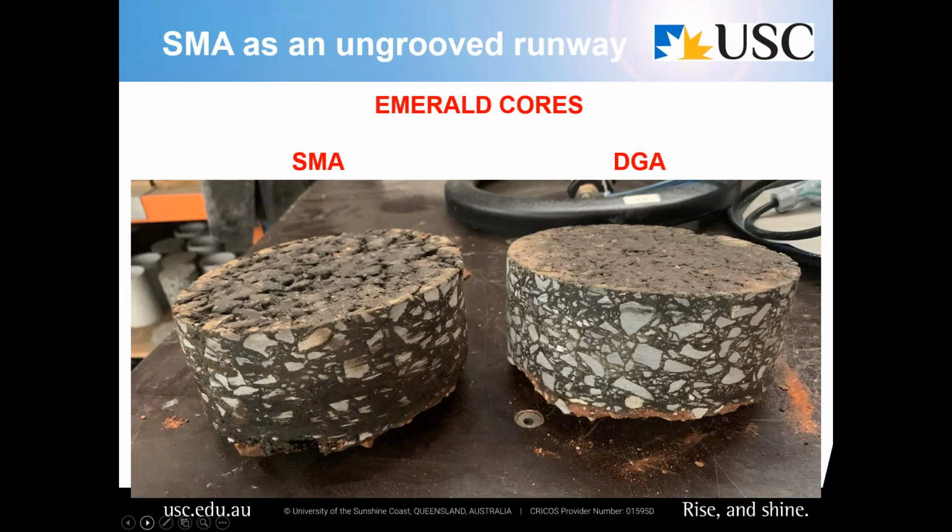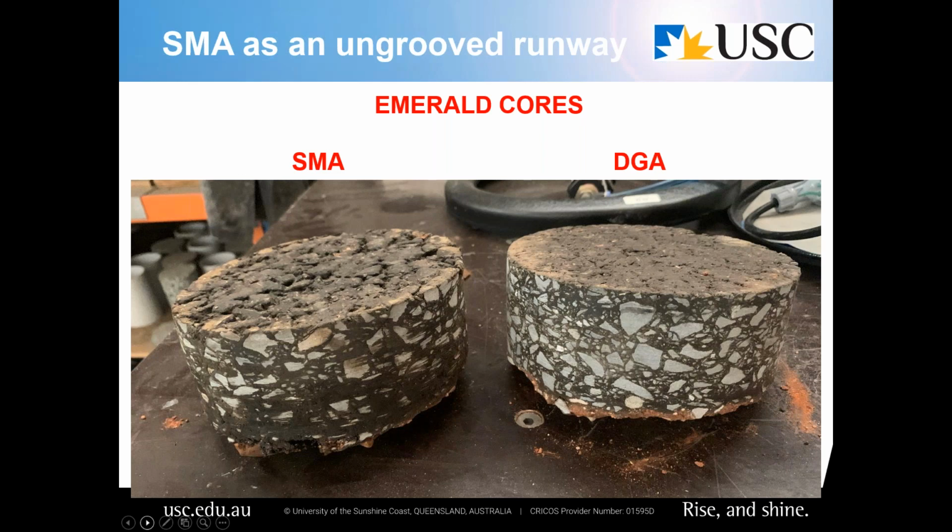And when you take a couple of cores out, these came from the project at Emerald, you can see the difference. So on the left, you've got the SMA, you've got a lot more bitumen, and you're missing a lot of those middle-sized stones. And as a result, you get the surface texture that you get there, which is quite open and porous looking.